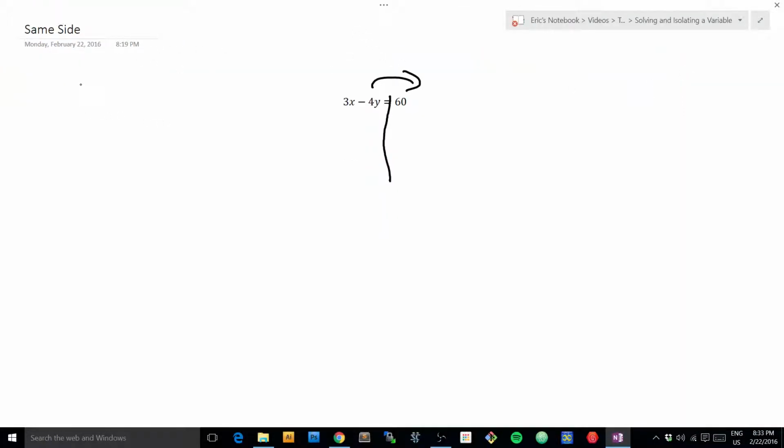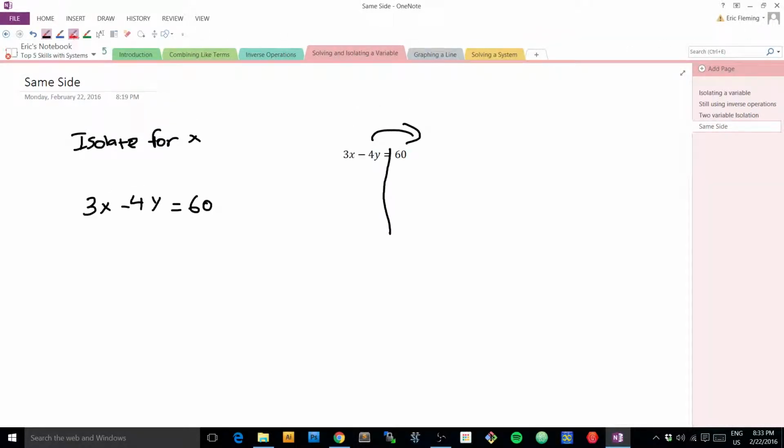So just like last time, we're going to split it into 2 scenarios and solve those each individually. My first situation, we'll say isolate for x. So here is the original equation. And I'm going to think about all of the things which are happening to my x. This is the inner layer, the times 3, and this would be the outer layer.